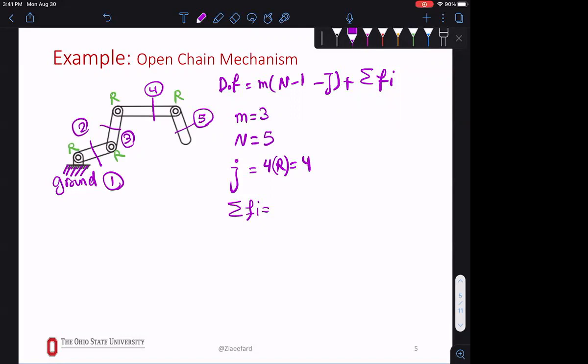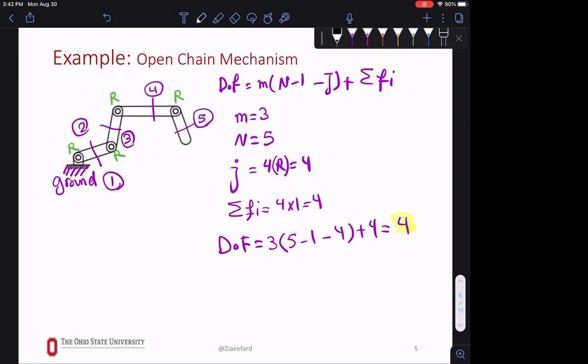So I have 4. What is the number of degrees of freedom provided by a revolute joint? 1. So it's 4 times 1, 4. The degree of freedom is 3 times (5 minus 1) minus 4 plus 4. What's this number? 4.